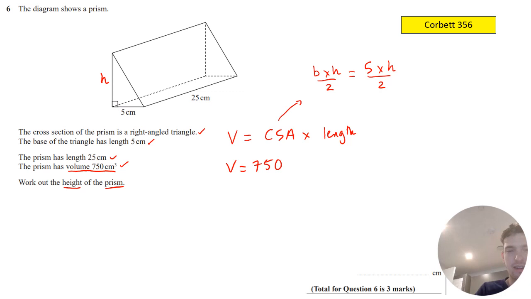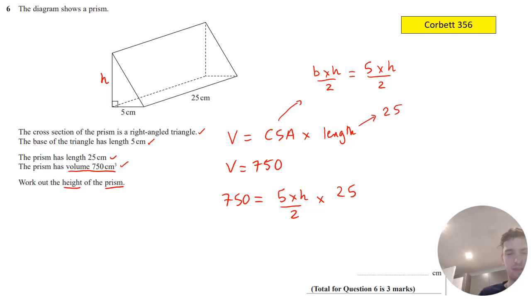And what about the length? Well, I know the length, that is 25. So let's put all of these things in. Volume, 750, equals the cross-sectional area, which is 5 times the height divided by 2, times by the length, which is 25. So this is now an equation that I need to solve to find my height.